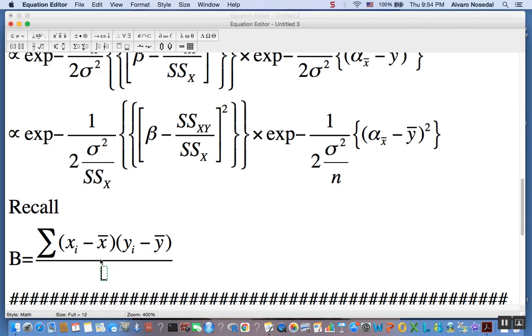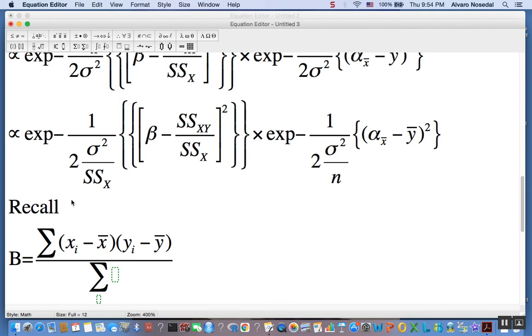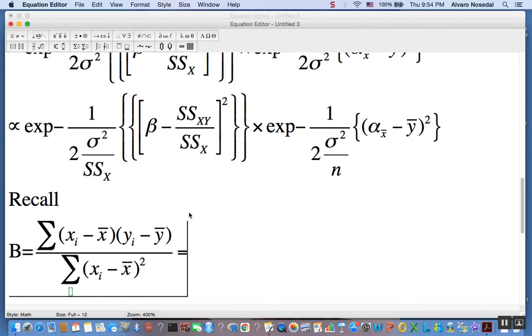divided by the summation of xi's minus x bar squared. Right? And this is exactly what we have here, right? SSxy divided by SSX.